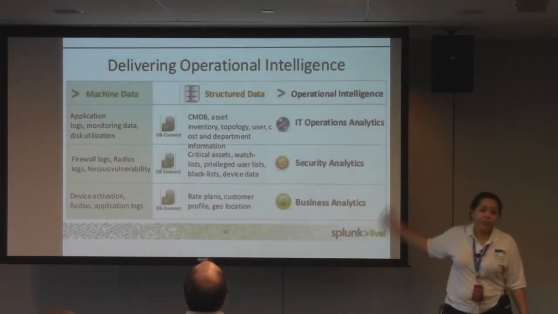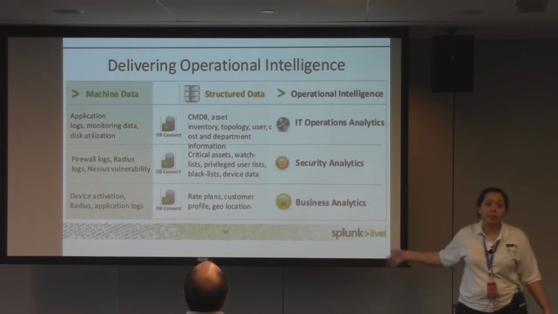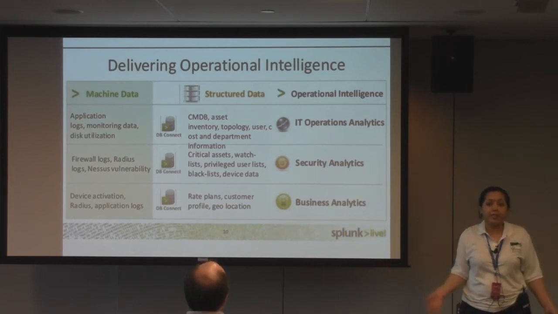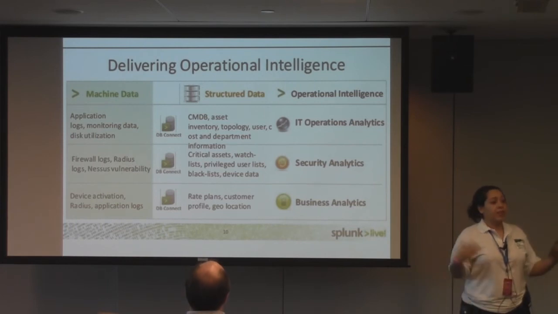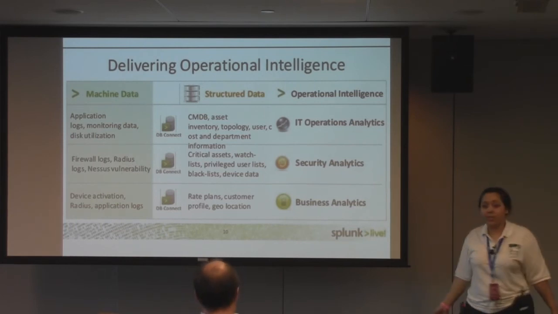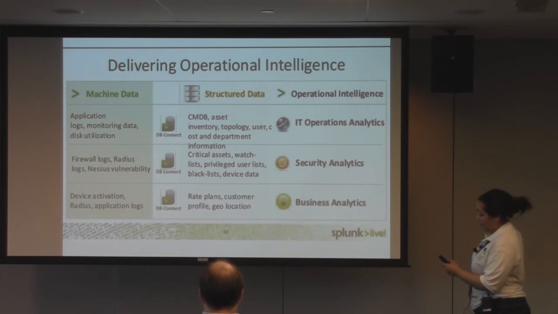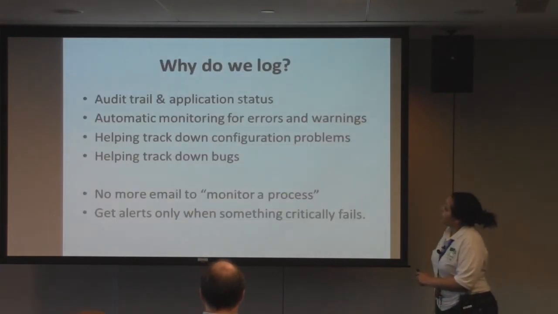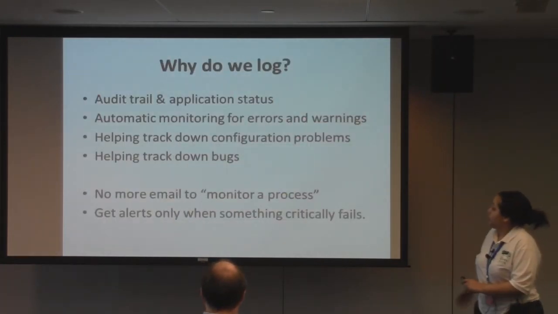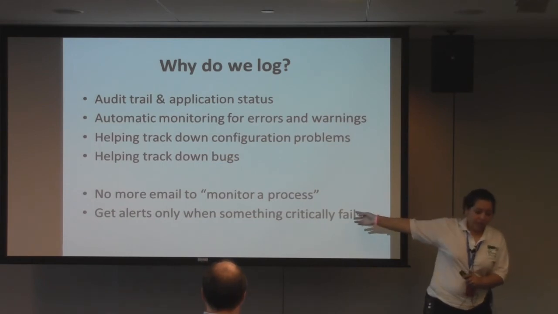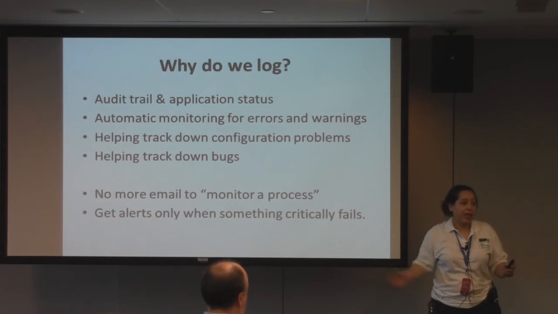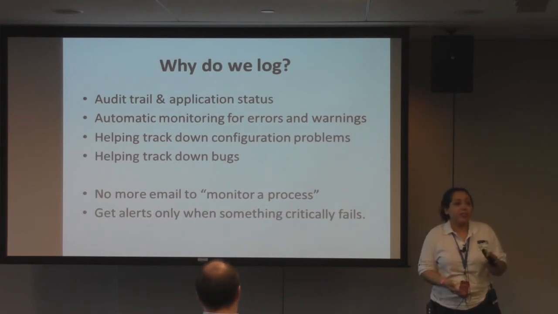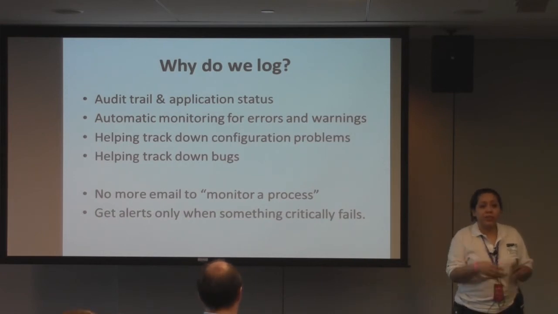There are lots of use cases, and the primary one in our organization was InfoSec, but we're trying to leverage that same data store in marketing, business analytics, et cetera, and mostly for operations. The other thing this has replaced in our organization is emails when an error happens. I have seen people with 2,000 emails in a folder that all say error.